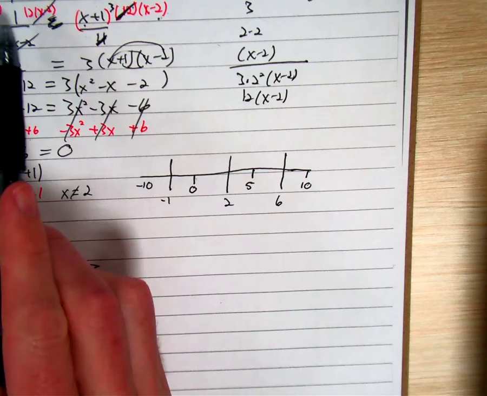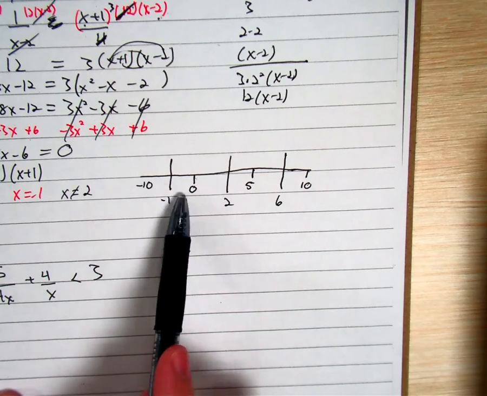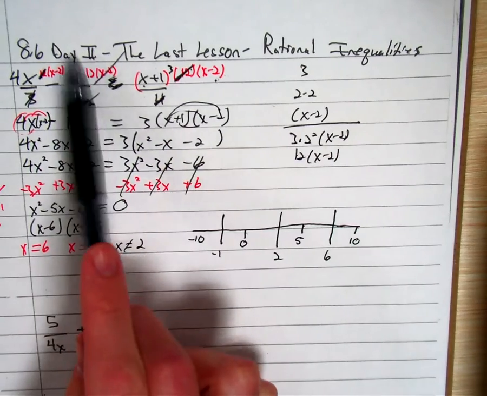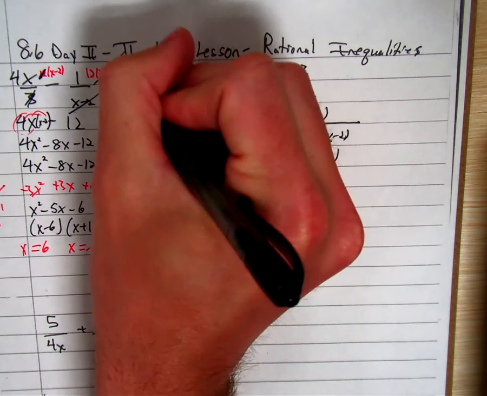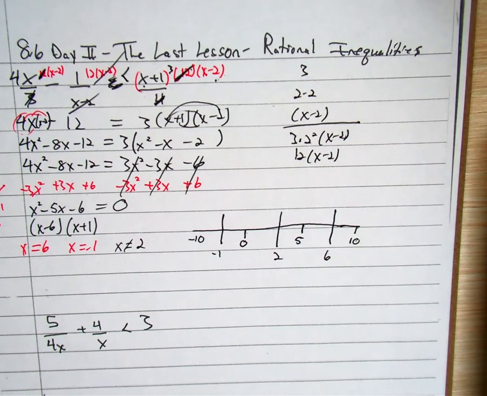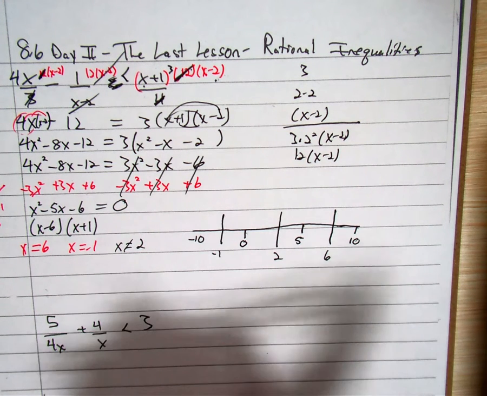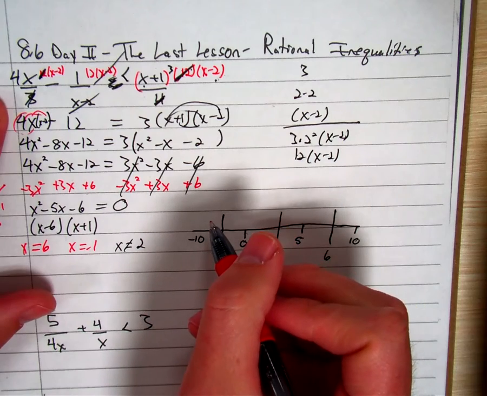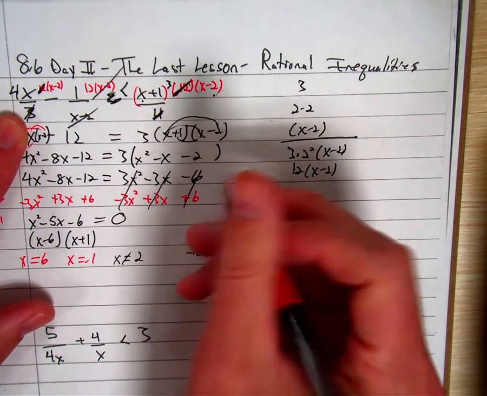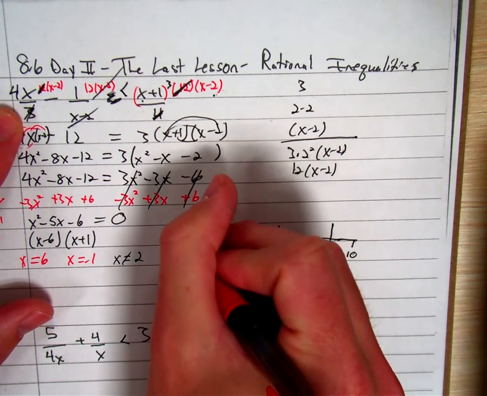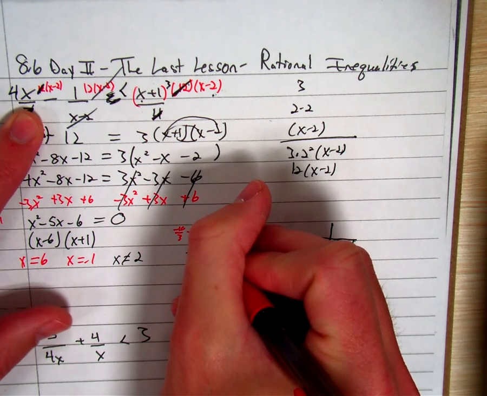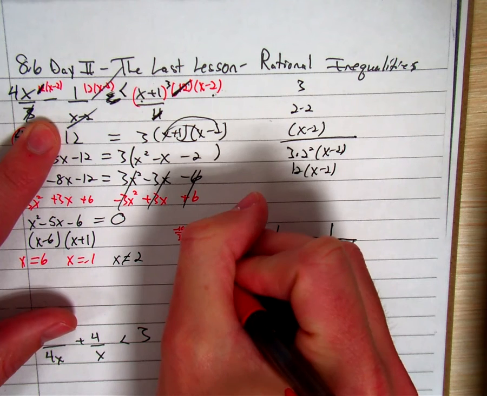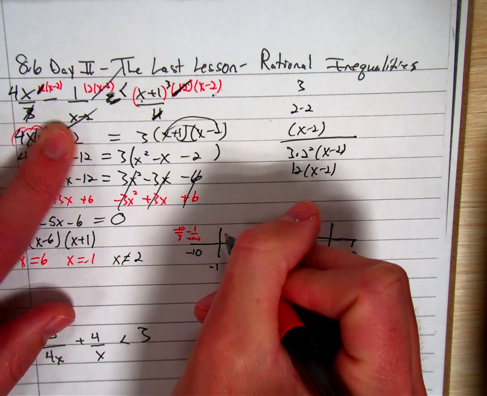And now I have to go back into my original problem, put my test numbers into my original problem, and see if it makes my inequality true. This was a less than. So what happens if I put negative 10 up here? Negative 10 is negative 10 thirds minus 1 over negative 10 minus 2.